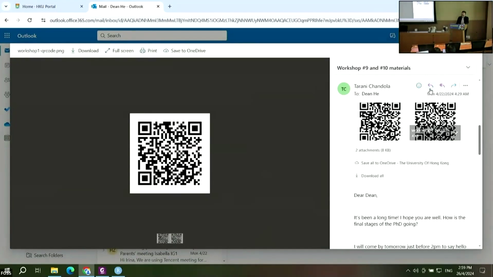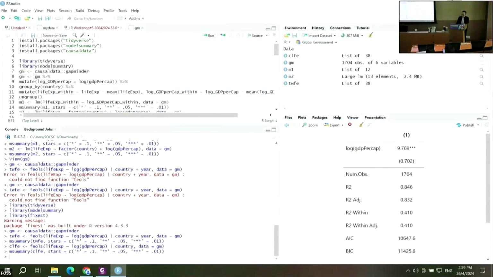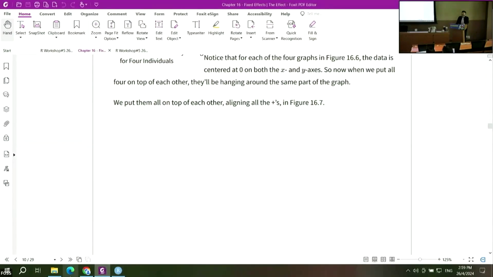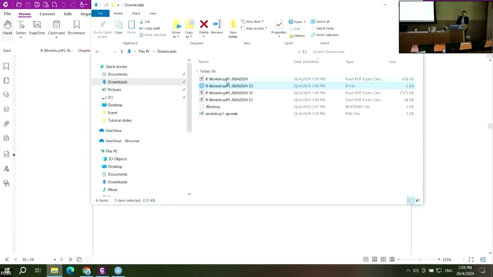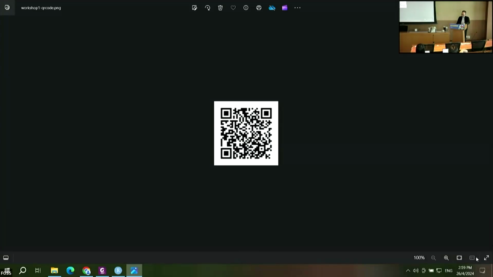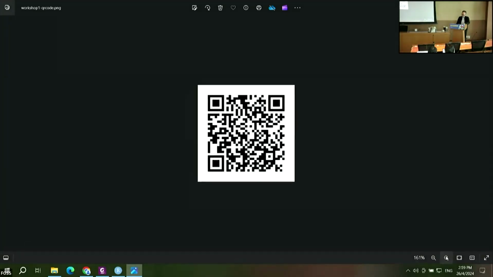If you choose to do it later when you get home yourself, I'm going to be fine with that too. But before you leave though, can you do us a favor and scan this code?